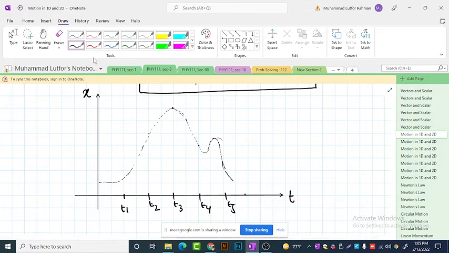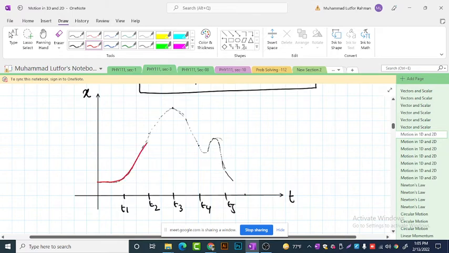So this is a case. I'm drawing this arbitrary curve, the displacement versus time graph of a car, or you can say of a particle. So this would be your x1 displacement. Sorry, I should draw the times t1 to t5 over here, not over here.